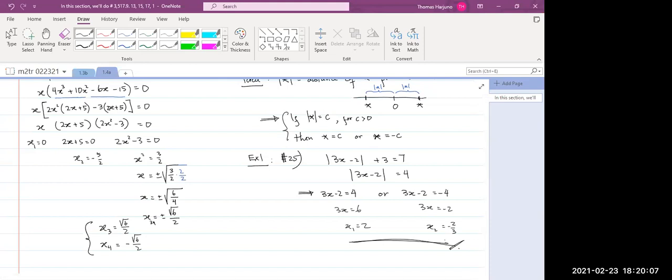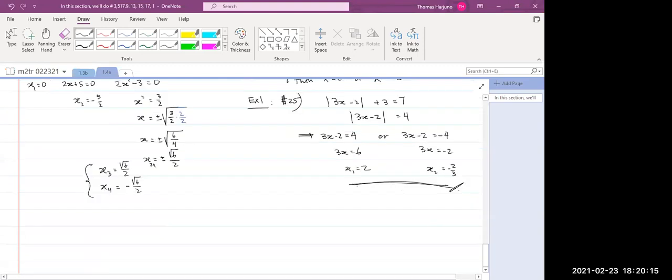What happens if the number on the other side is negative? After I isolate the absolute value and the number on the other side is negative, then there must be no solution. Absolute of 3 times x plus 1, minus 5, equals negative 11. Absolute of x plus 1 equals negative 6.